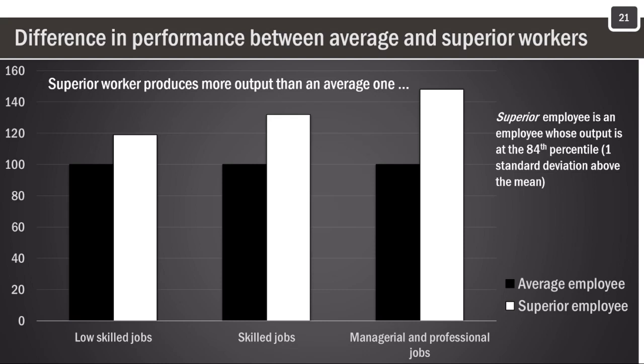A superior worker in skilled jobs produces 32% more output than the average worker, and a superior employee, manager, or professional produces output that is 48% above the average. These differences are substantial, and they indicate that the payoff from using valid selection methods to predict later job performance is quite large.